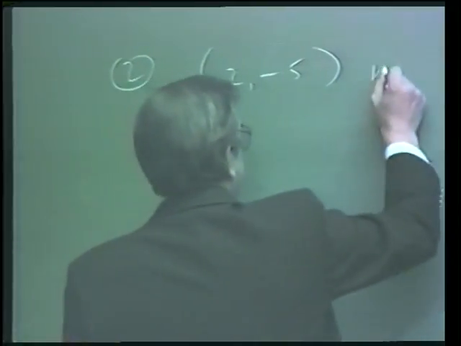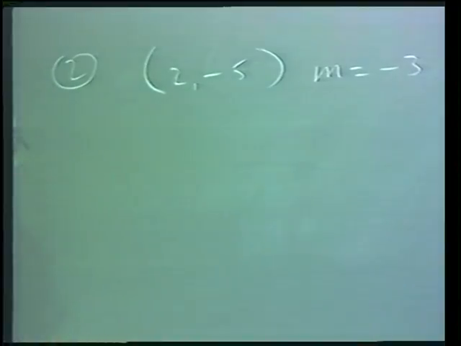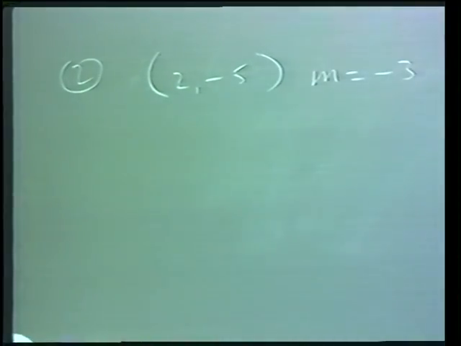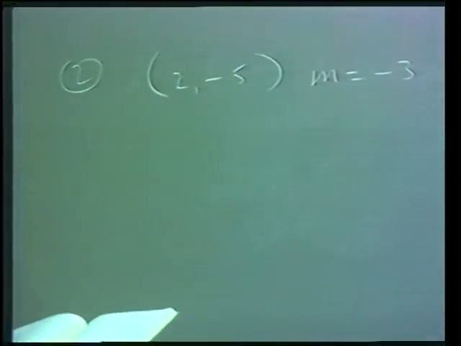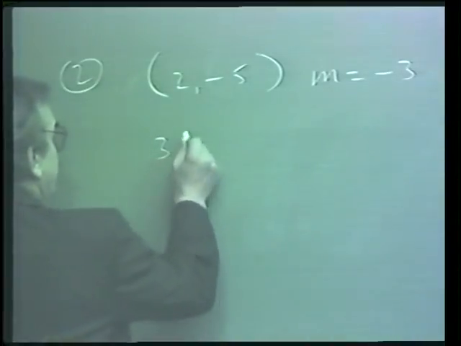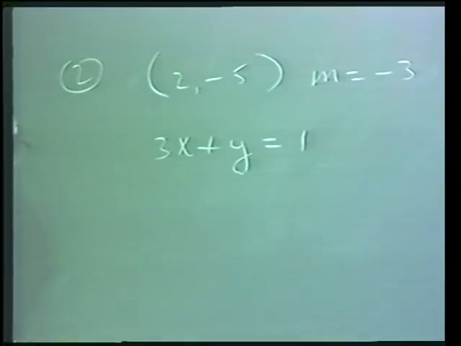And they said that the slope was equal to -3. Everybody agree with that? That's what they give you. Now they asked you to find the equation. Well, if you find the equation of this, you came out with 3x plus y equals 1.